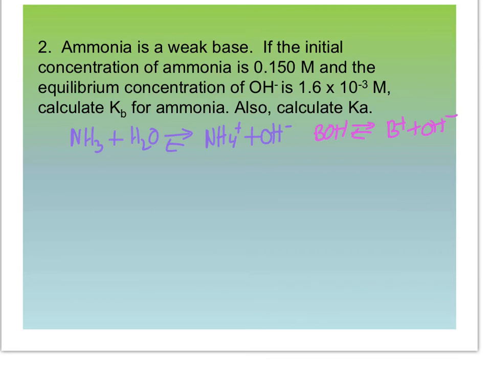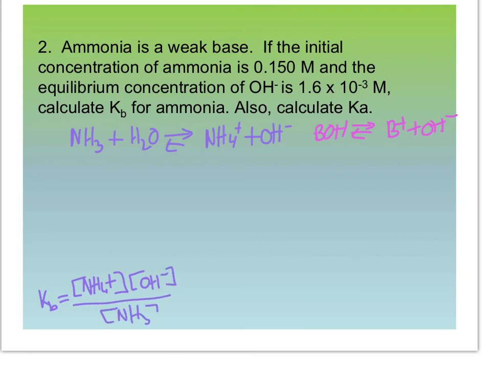I'm actually going to write it on the bottom here so that I have some room for my RICE chart. So my Kb expression is going to be the concentration of the NH4 plus times the concentration of the OH minus over the concentration of the NH3.